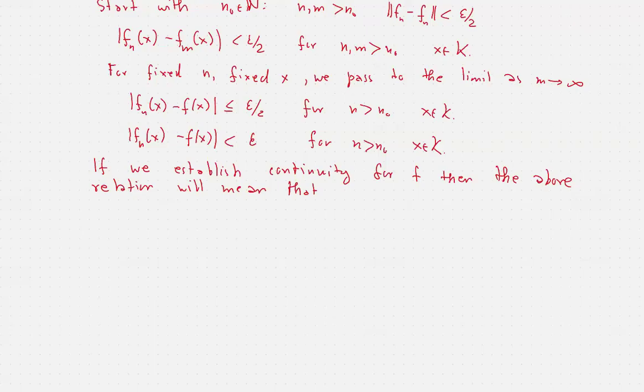So all we need to do is show that we have continuity, and the only thing that we need in order to show continuity is this, because continuity has to be shown at any x naught.